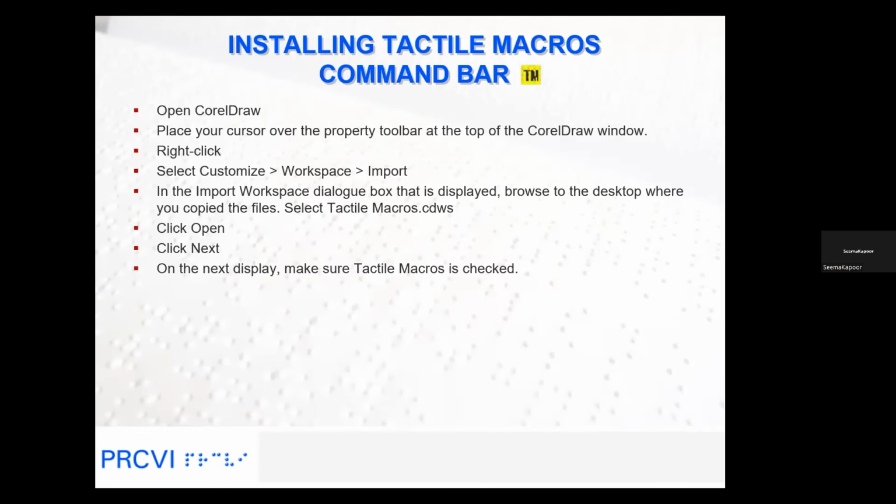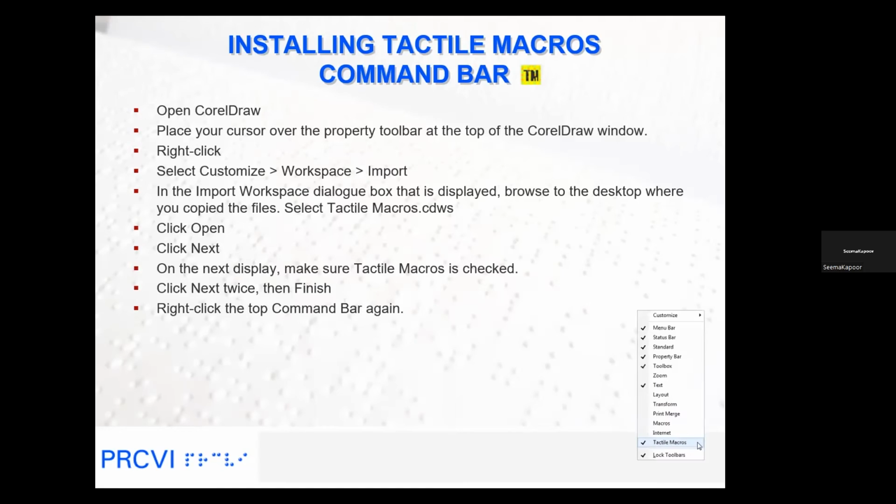Click Next twice, then Finish. Right-click the command bar again. In the list displayed, click Tactile Macros to turn on this command bar. So this cursor TM is your command bar on your CorelDraw.